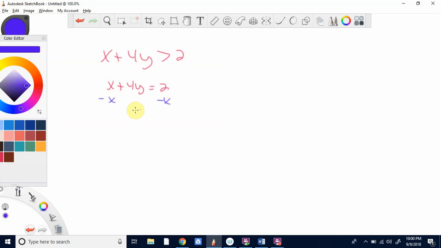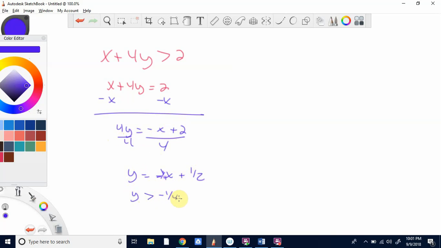So minus x, I'm putting it in slope-intercept form. Divide by 4, divide by 4. y is equal to negative 1/4 x plus 1/2. There is my equation. So now I'm just going to change this to say y greater than negative 1/4 x plus 1/2.